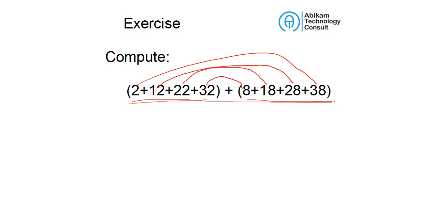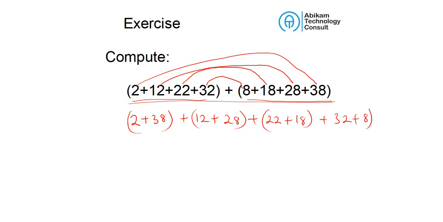So if you take the pairs, we have 2 plus 38 plus 12 plus 28 plus 22 plus 18 plus 32 plus 8. Okay, so this gives us 40 plus 40 plus 40 plus 40. So how many 40 do we have? We have 4 of 40. 4 times 40. And we can easily add it as 160.